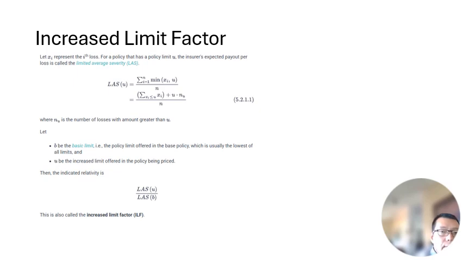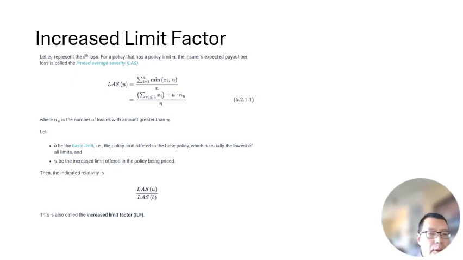The insurer's expected payout per loss is called the limited average severity. Limited average severity is calculated by summing up all the payments of the losses and dividing by the number of losses, which is m.